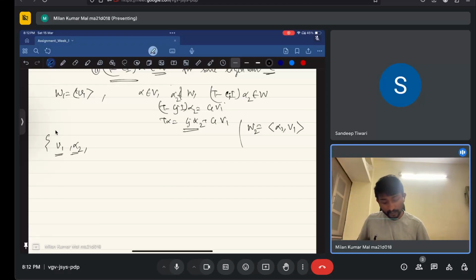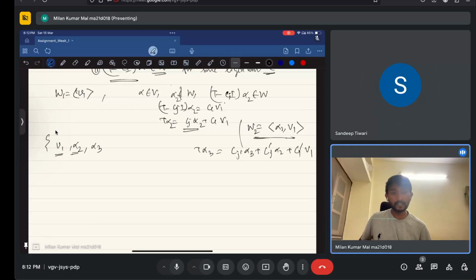There must exist similarly some vector alpha 3 such that T of alpha 3 is equal to some Cj' alpha 3 plus some Cj' alpha 2 plus some C1' V1. One can write it this way because of the similar process.